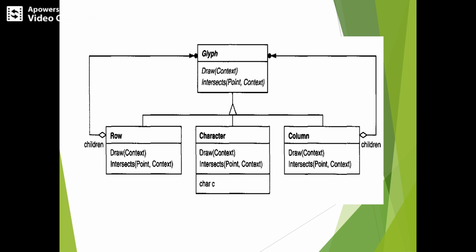Here the glyph class will call draw with the draw context, and intersect with the point and context. Character has draw context and intersect point and context, character C. Similarly, column will have draw context, and intersect point and context.